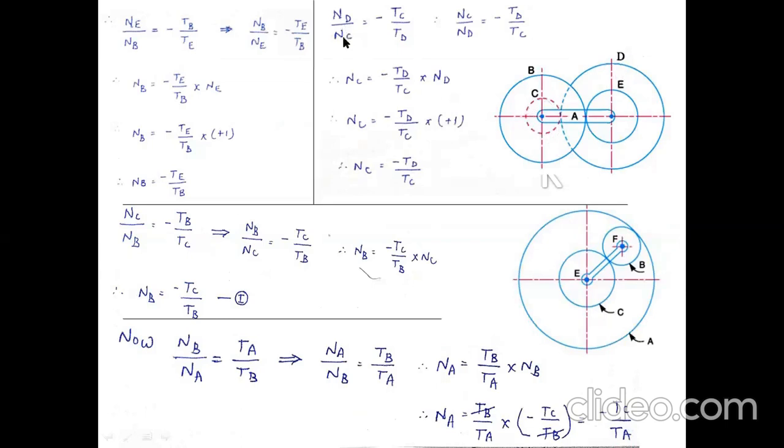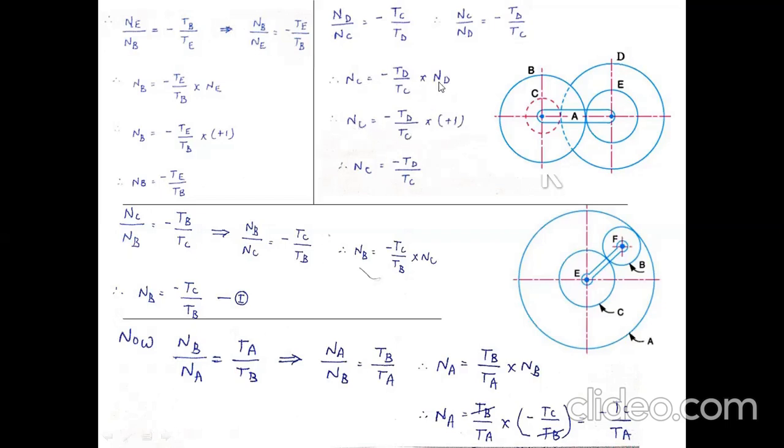That's why ND upon NC is equal to, again as this forms an external pair, minus sign, minus TC upon TD. Again taking the reciprocal, NC upon ND is equal to minus TD upon TC. So NC is equal to minus TD upon TC into ND. ND will be on the right side.